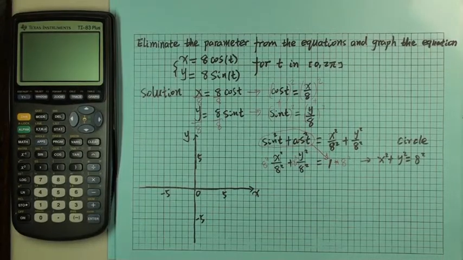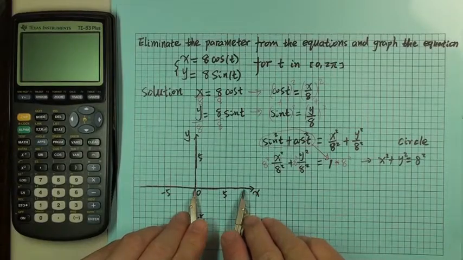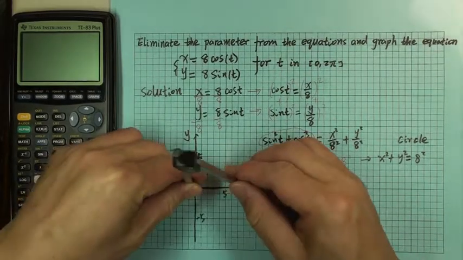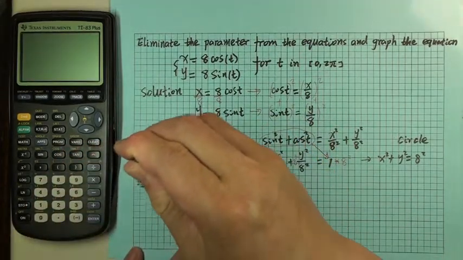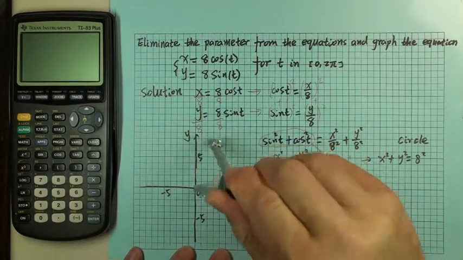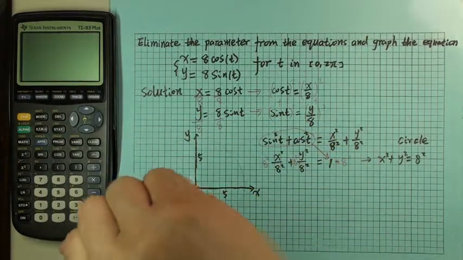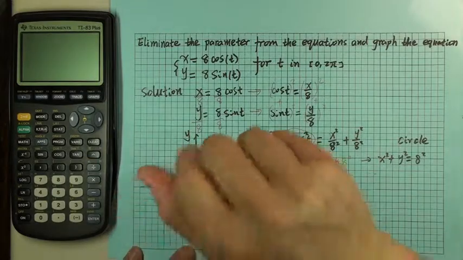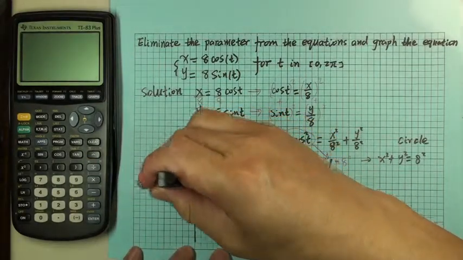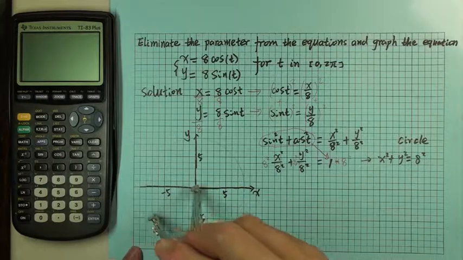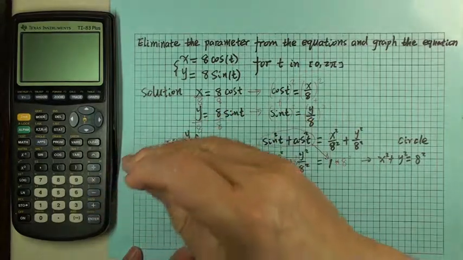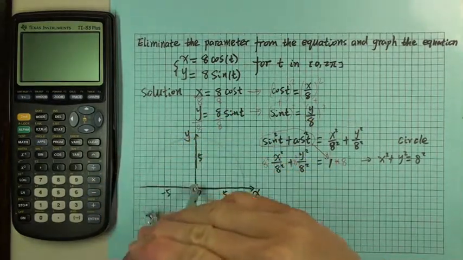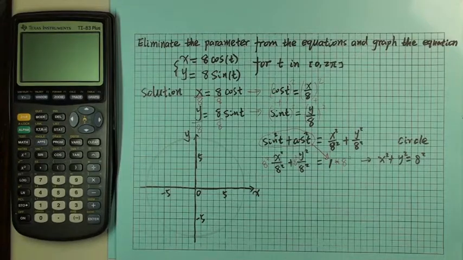So that's good enough. Origin, 8. Okay, you pull right here, and you may draw a picture. I should put this one slightly bigger. Alright, so that will be the solution for this one.